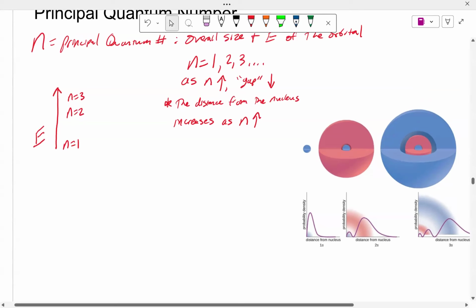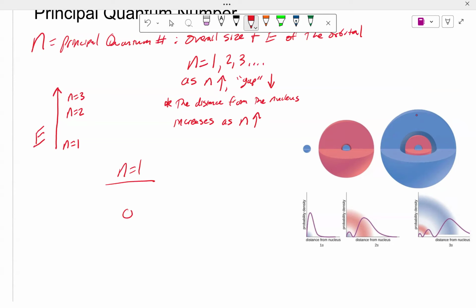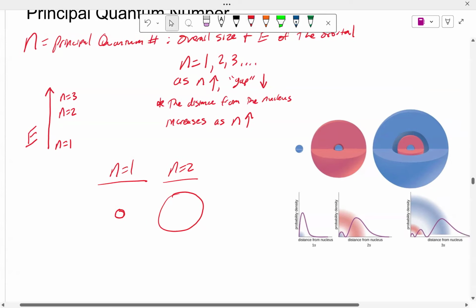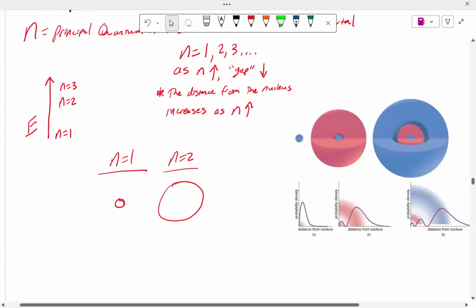Now, let's compare. n equals 1 might be this. n equals 2 is going to be bigger, and so on and so forth. If you look at this diagram on the right, these represent n equals 1, n equals 2, n equals 3.